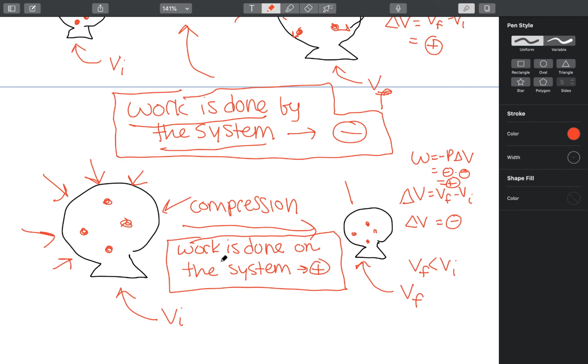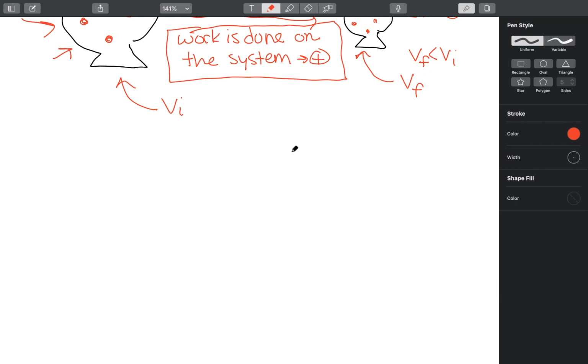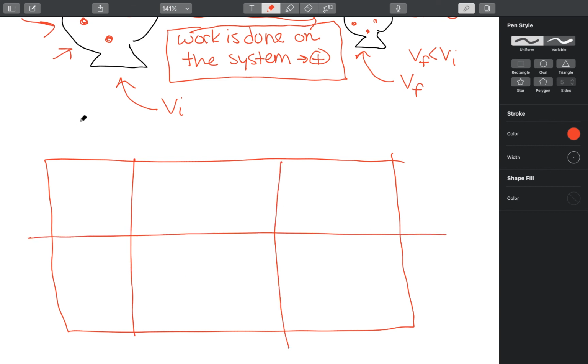So now let's put all of this together in a single little table. So, let's make a little table here. And here we'll have dU, and then dQ, and dW. So dU is positive, so the internal energy increases.